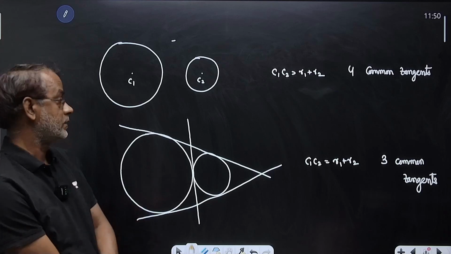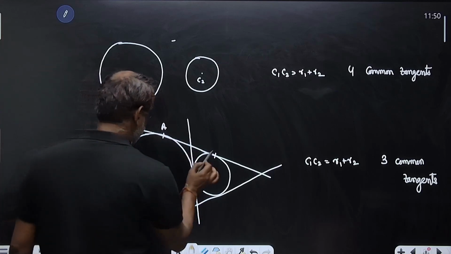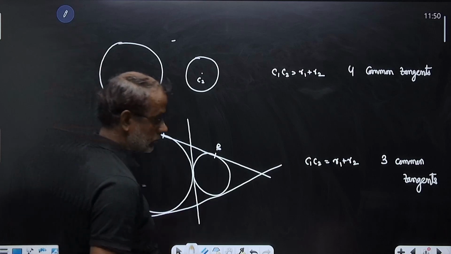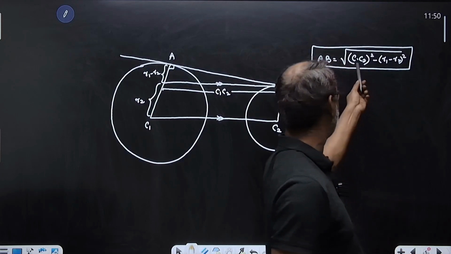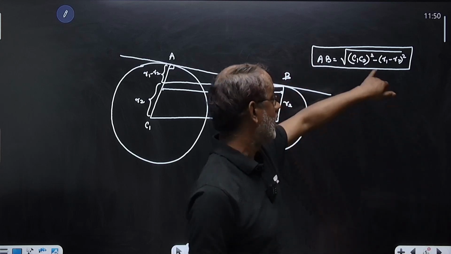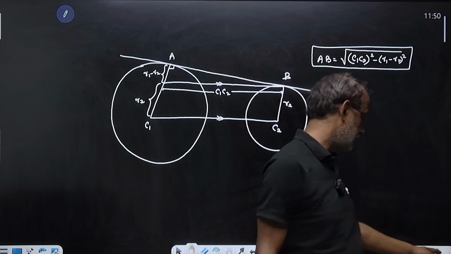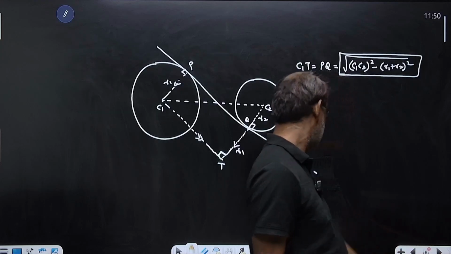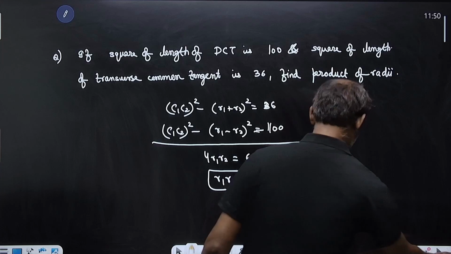Okay, we have 3 common tangents. Please remember this. In this case, what is the length AB? Here you are going to put R1 plus R2 whole square minus R1 minus R2 whole square. What do we get?